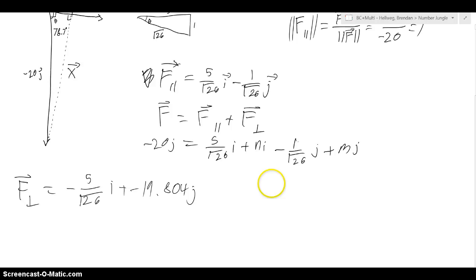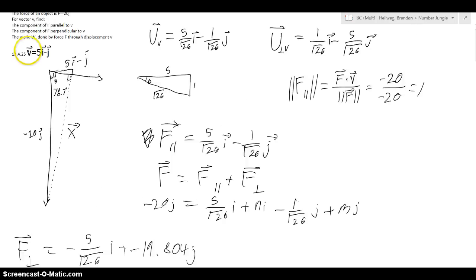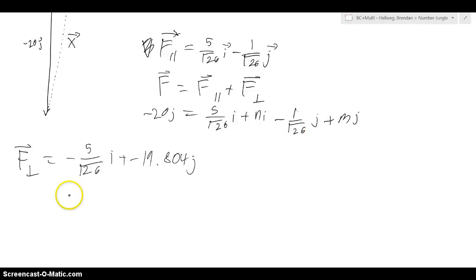So now we have F parallel and F perpendicular, and the next step is the work W done by force F through displacement V. We know that W equals the magnitude of F parallel times vector V, that is to say displacement.